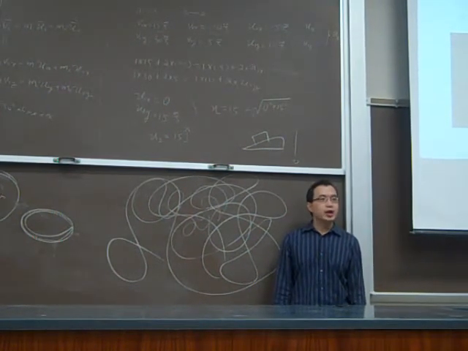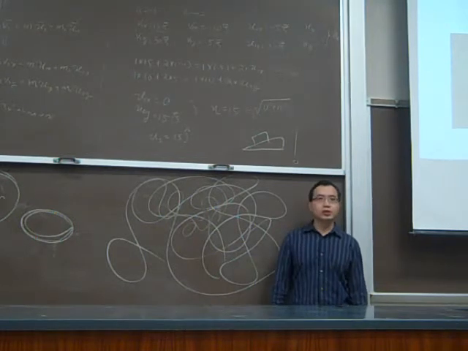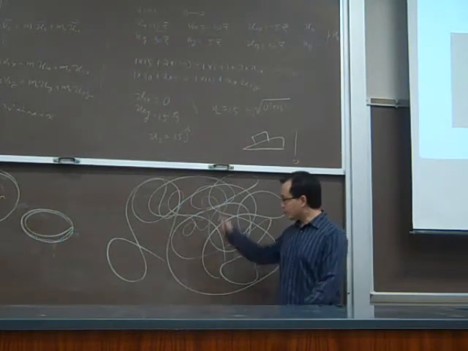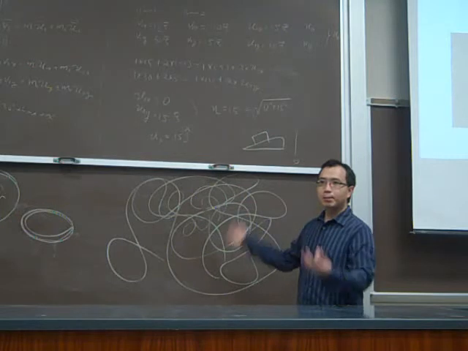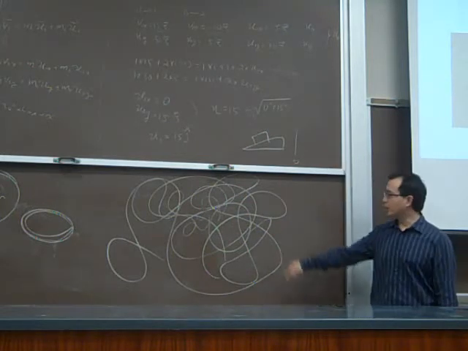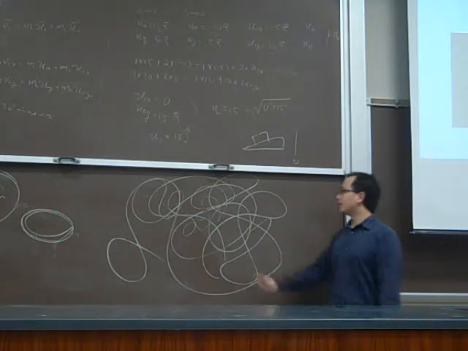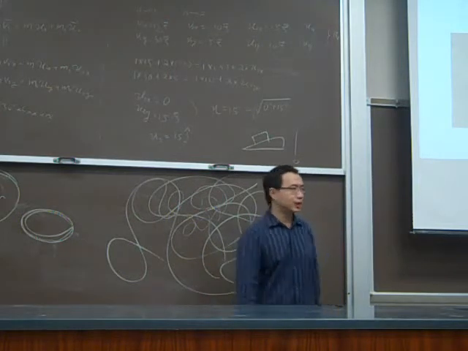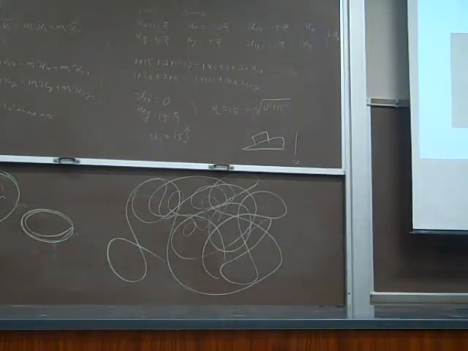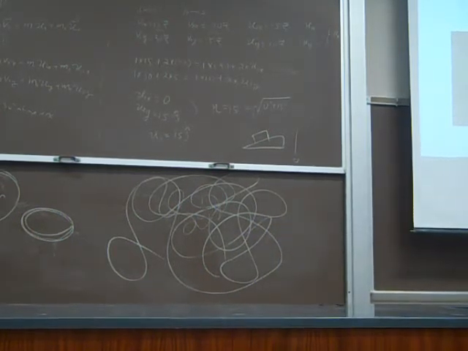And that inspired a lot of modern math. People developed a whole bunch of modern math to deal with the three-body problem, like the Hungarian map, the Lorenz attractor, these things.